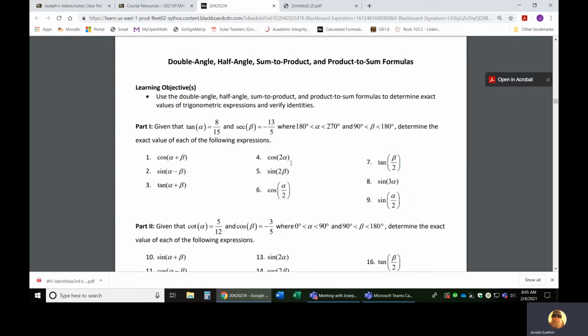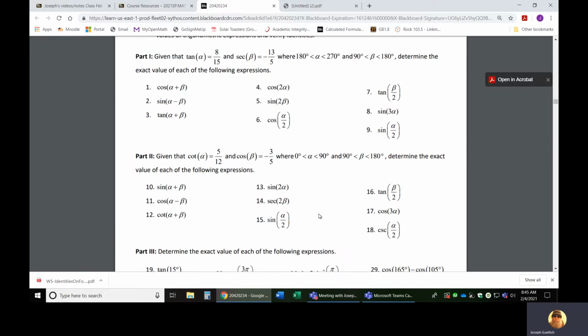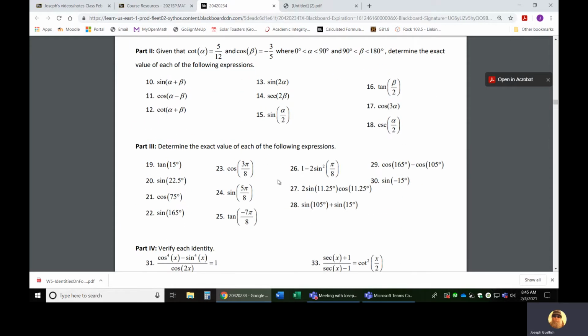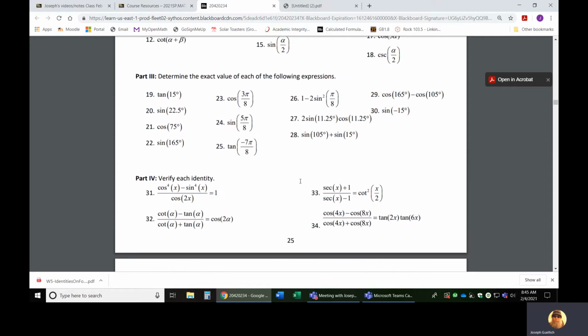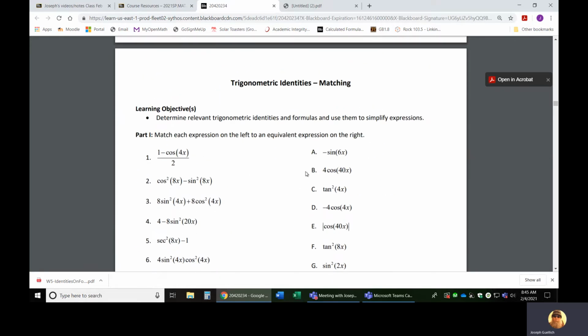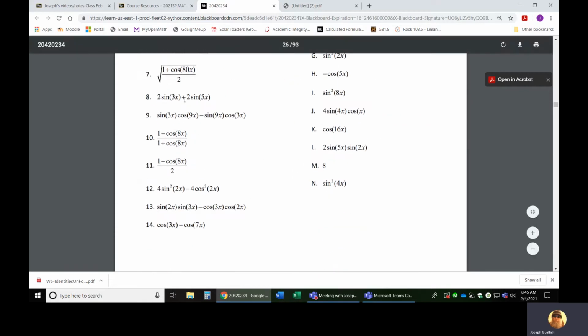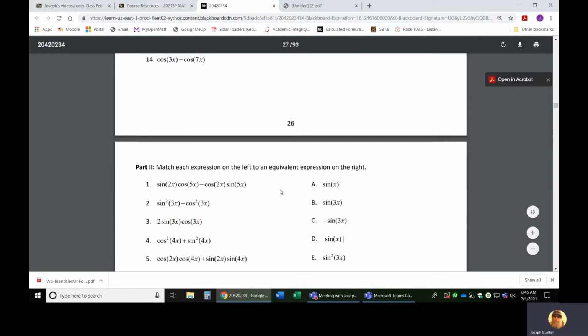The sum, difference, the double, the half, different combinations of things like that. Now, beyond this, that's not in the video, there's more verify, and then these matching assignments are similar to the simplify, and they could be verify because you know one of these answers is correct, a match over there, like that.